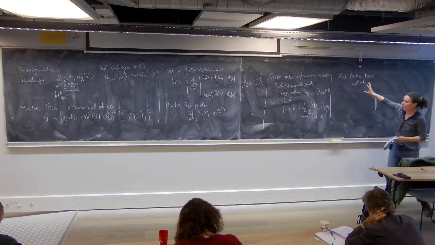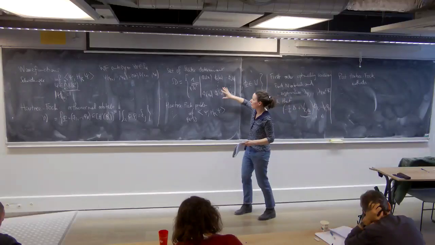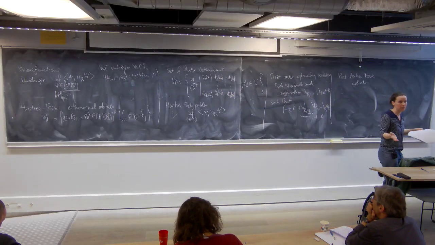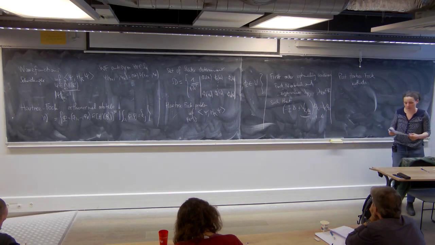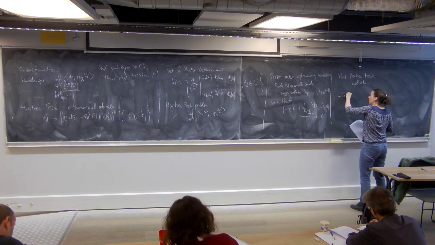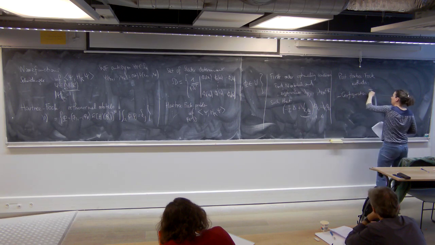So one first method is to say, okay, instead of a single Slater determinant, I will consider a linear combination of Slater determinants. And so this is the so-called configuration interaction method.